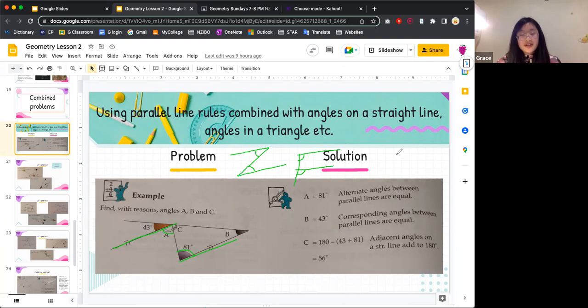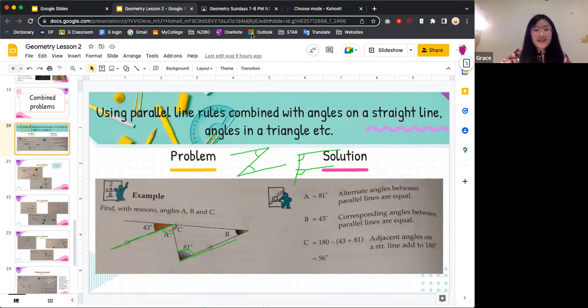And for cointerior, what letter do you think cointerior angles look like when they're facing each other? U?